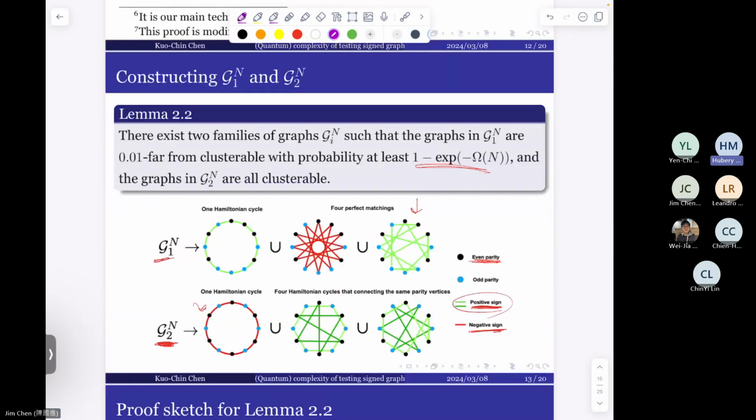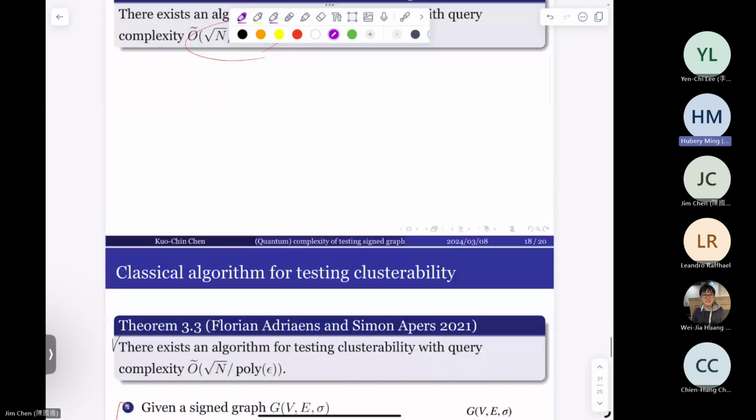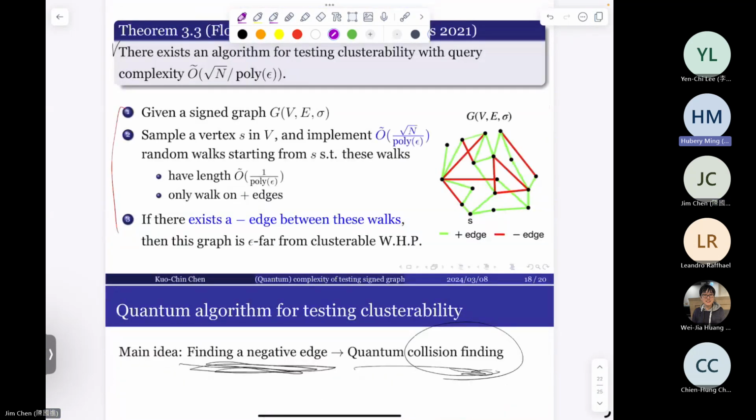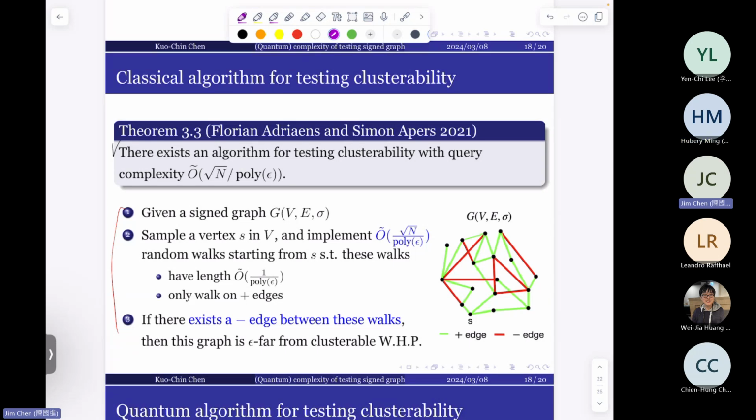Sorry, a final question. I understand how you use the collision algorithm to check whether it's clusterable, but I still don't get how you construct the one which is far from clusterable. How do you construct that, for the classical result? There exists an algorithm for testing clusterability with this error.